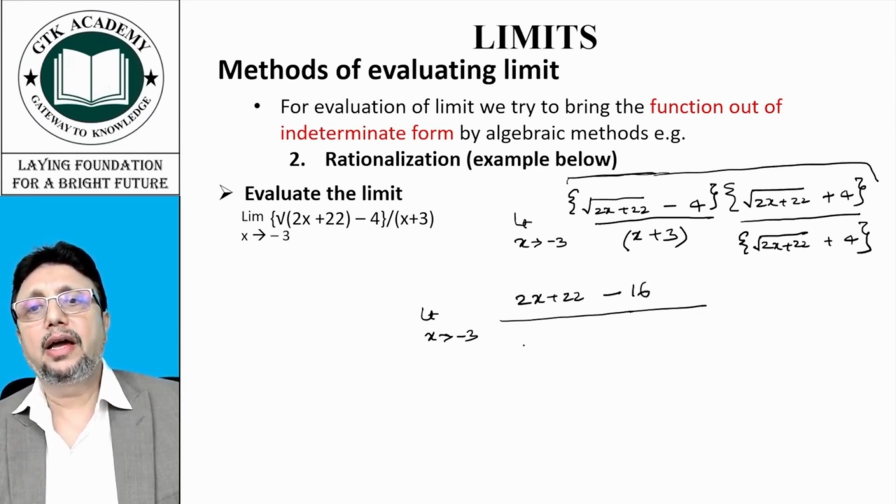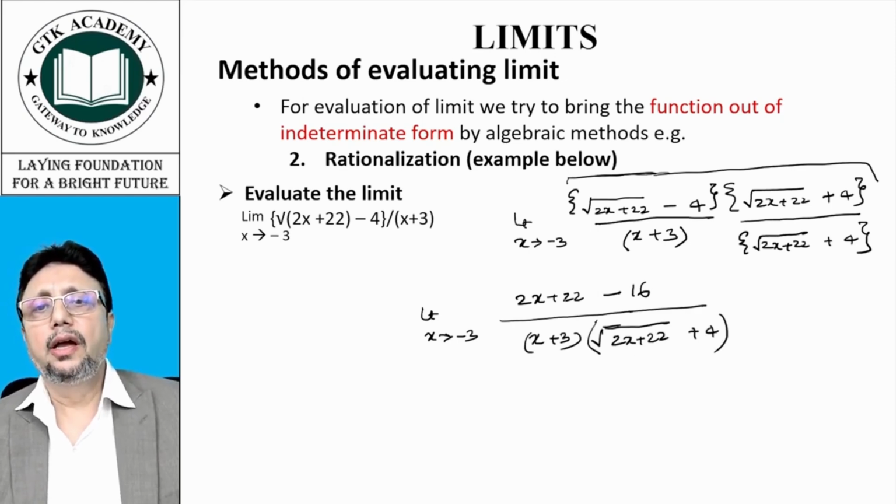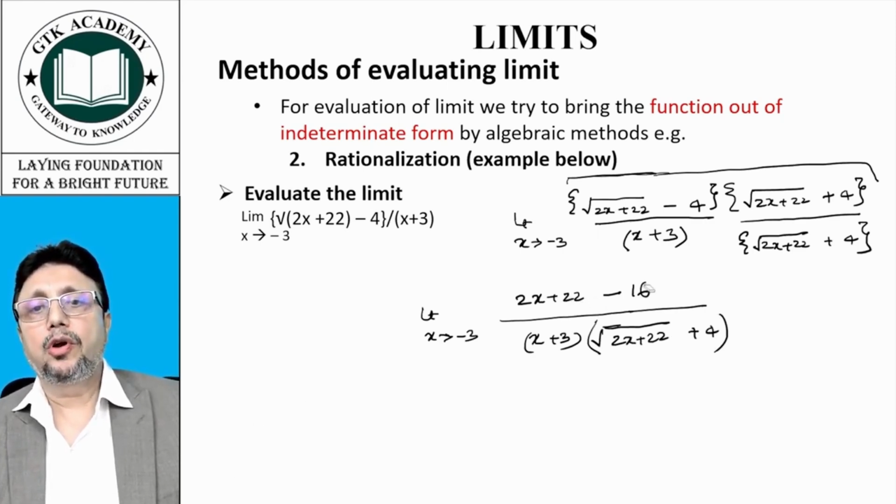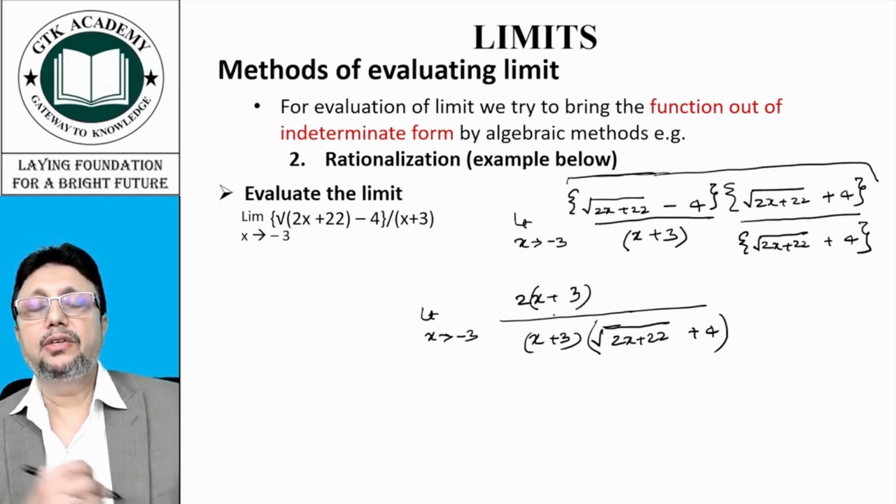We are using the formula a square minus b square, and in the denominator you will get x plus 3 into under root 2x plus 22 plus 4, right? Here it will become 2x plus 22 minus 16. So it will become 2x plus 6, and you take 2 common, then it will become 2 into x plus 3, right?